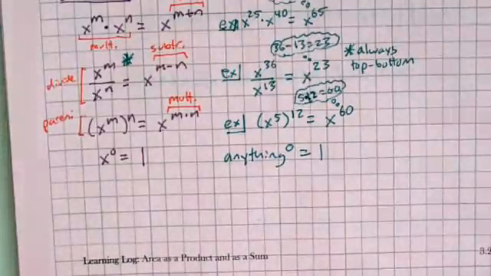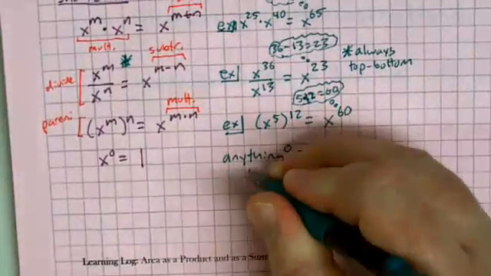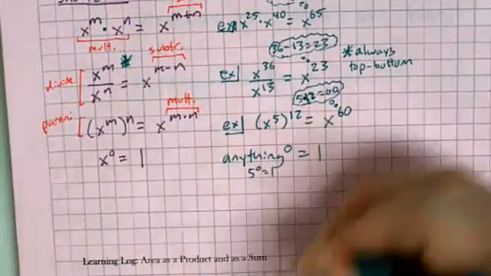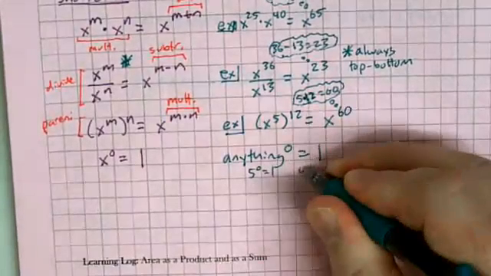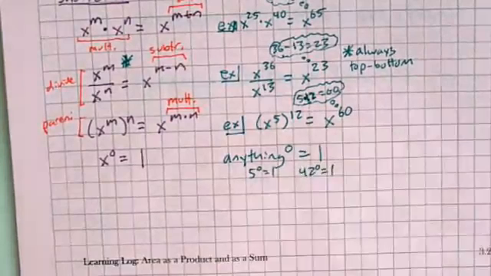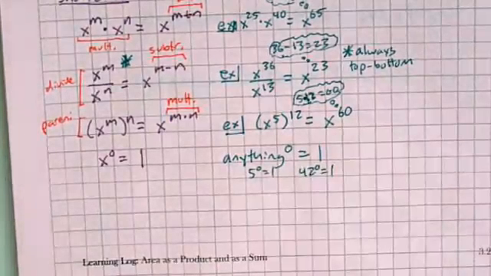Is that confusing to you? Do you think that's going to be confusing when you come back and look at it? If so, you might want to put some more examples like 5 to the 0 equals 1 and 42 to the 0 equals 1. Basically, anything we raise to the 0th power is equal to 1.